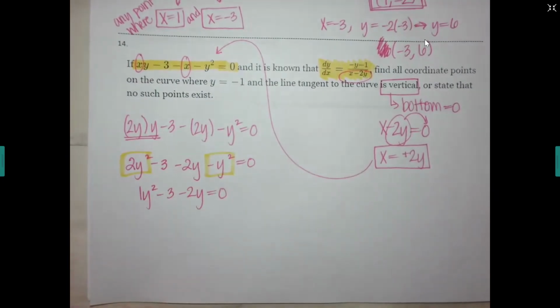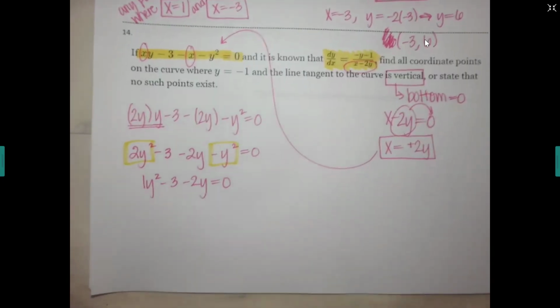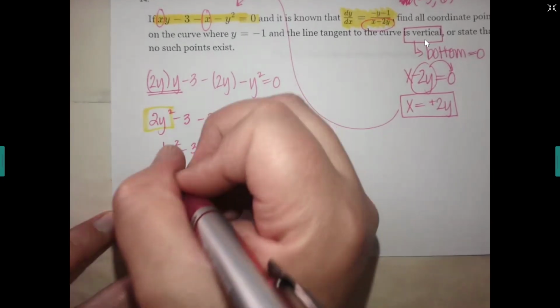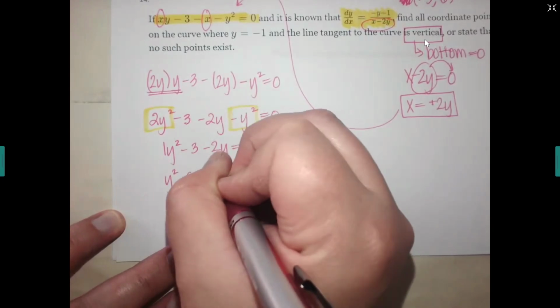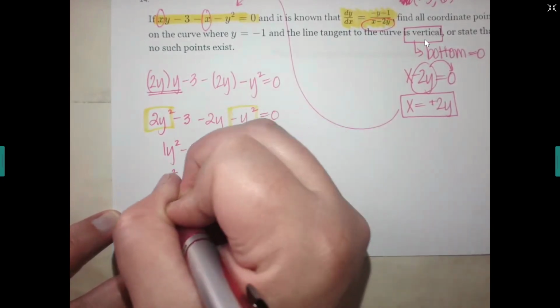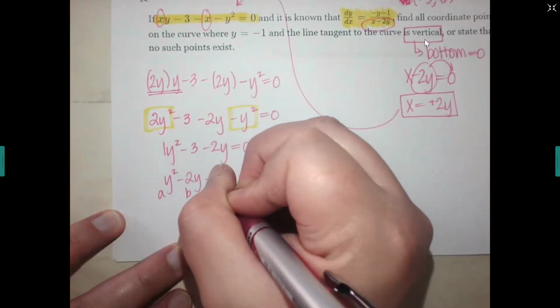And at this point, you should be able to recognize that's a quadratic. We're going to have to factor it. Now, typically you would want those terms to be in order. So we're going to do the y squared first, then the minus 2y, then the minus 3, so that we can AC chart it.